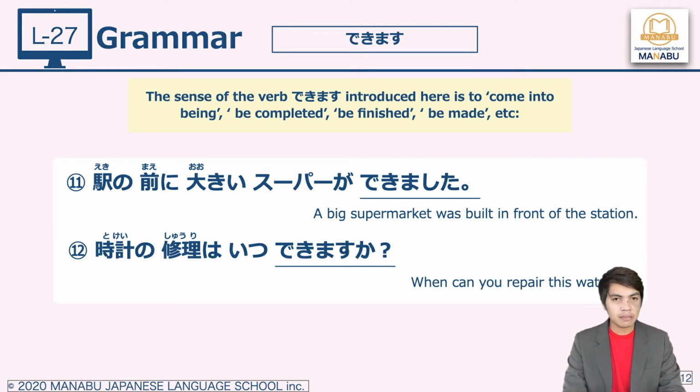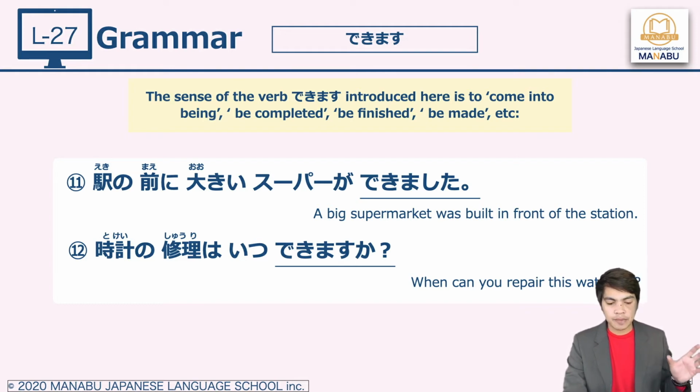So for example number 11, Eki no mae ni ookii supa ga dekimashita. So this will use the particle ni for the place. Place particle ni. So eki no mae means in front of the station. Particle ni, because it will become the place of existence for the supermarket.